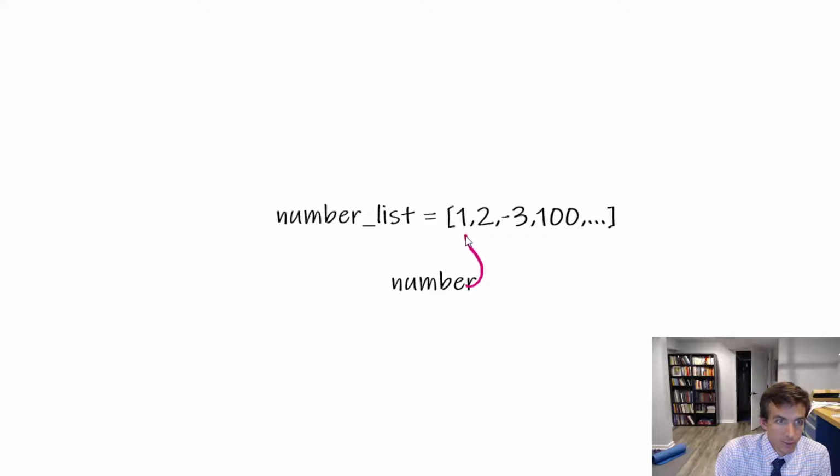So the first time through the loop, number is 1. And then number points to 2. Do you see that idea? And so the loop will run how many times? Until the number list is done.